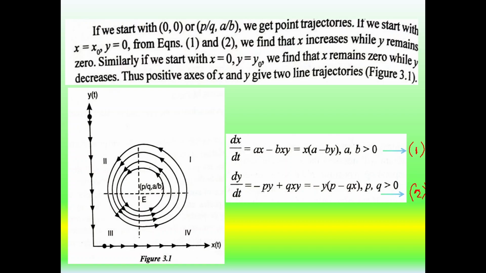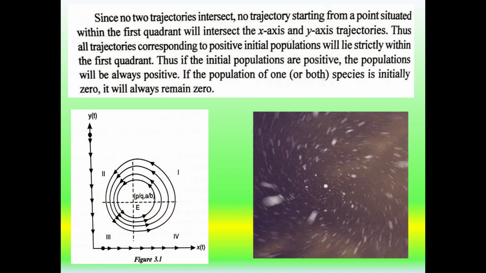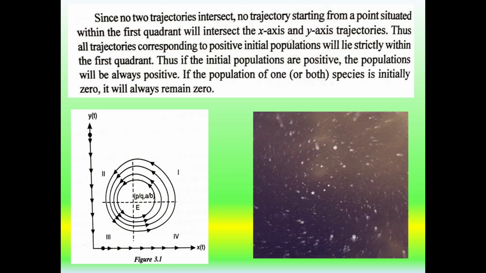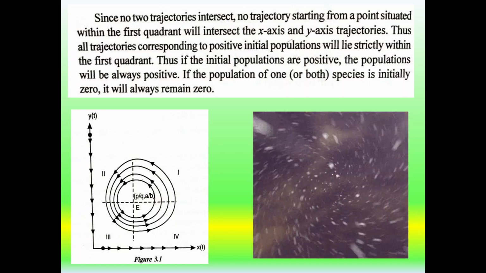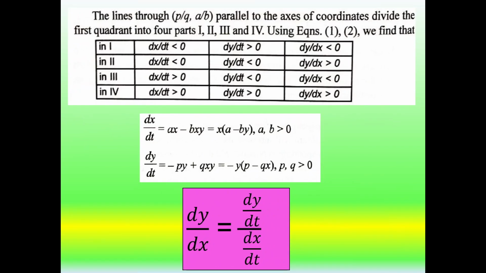Whenever x is equal to 0 or y is equal to 0, simply we are getting dx by dt equal to 0 and dy by dt equal to 0. Because of that reason, we can say if the initial population of one species or both the species is initially 0, then it will always remain 0, because there will not be any change in the expressions of dx by dt as well as in dy by dt.